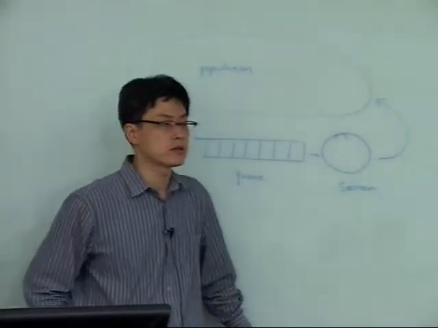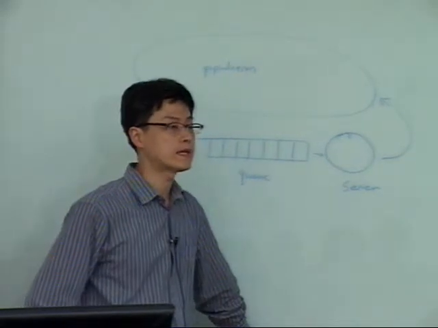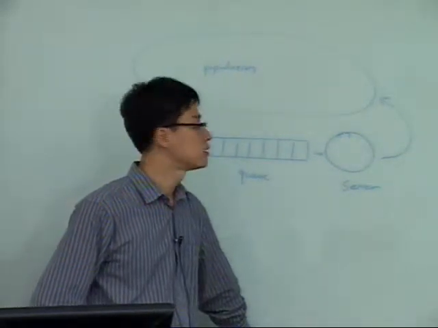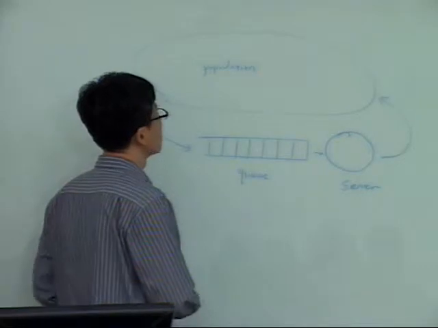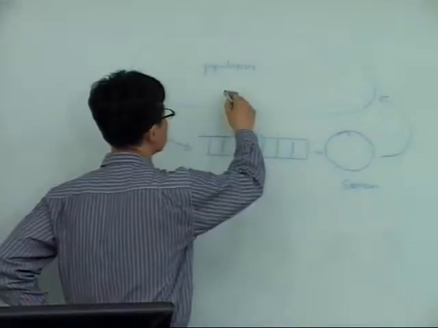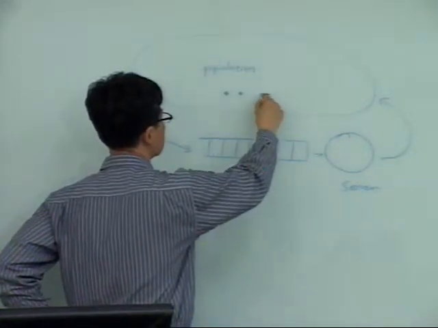Queue is the same thing as a waiting line. And population is the group of customers.